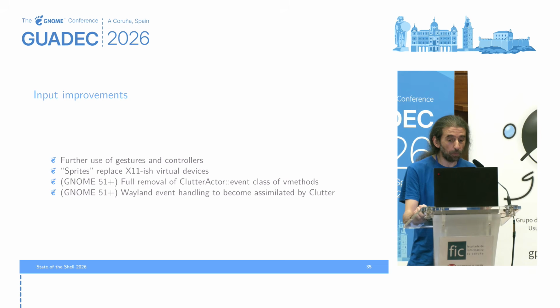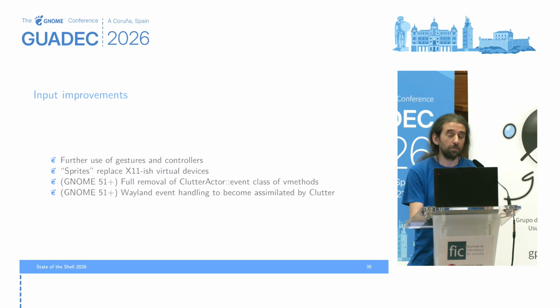So the idea is to make all Wayland event handling, removing this big fork in the road, and making all event handling be done by Clutter and be done like forwarding events and propagating events across the actor tree, and having it done naturally within the Clutter event handling code, and remove this kind of hack.